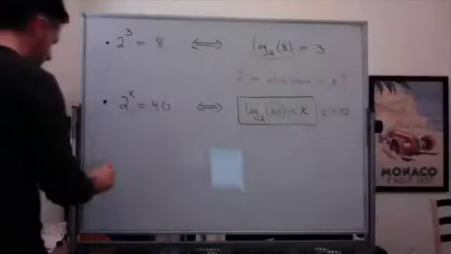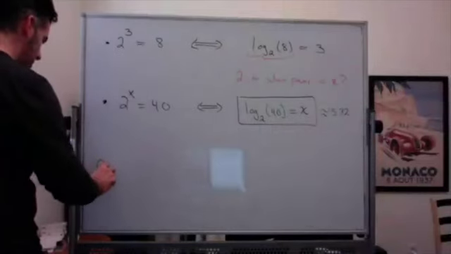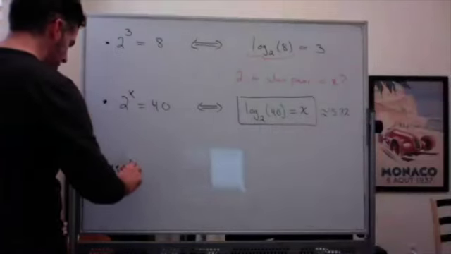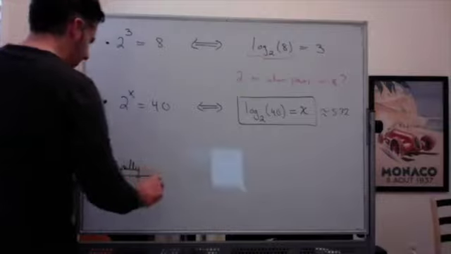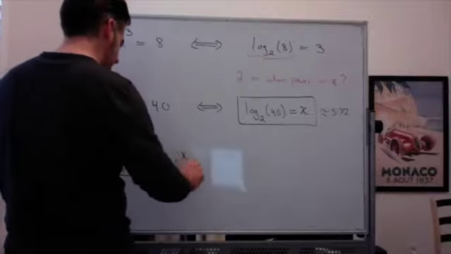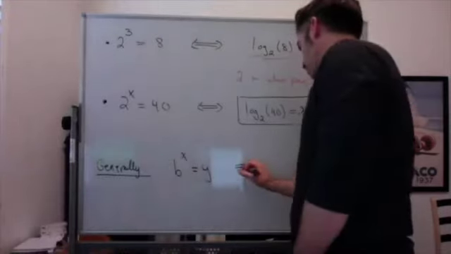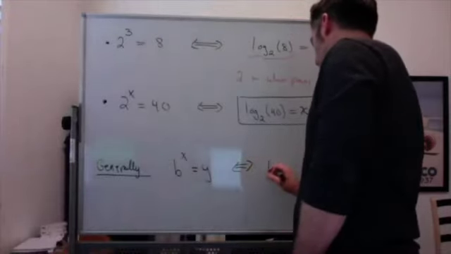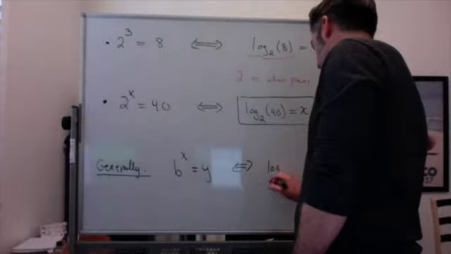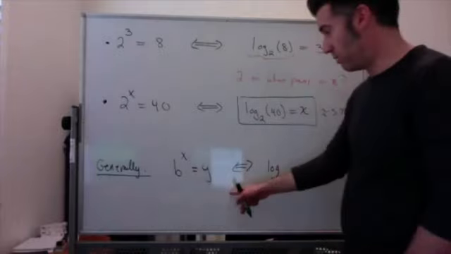And then generally, here's what we have. So generally, if we have that b to the x is equal to y, that's equivalent to log, what's the base over here?